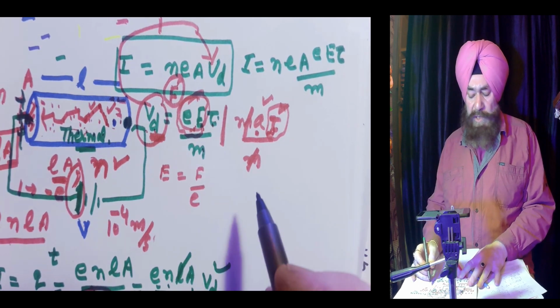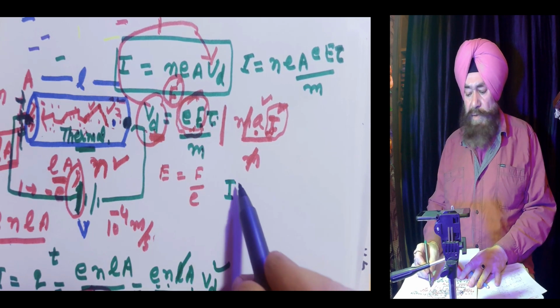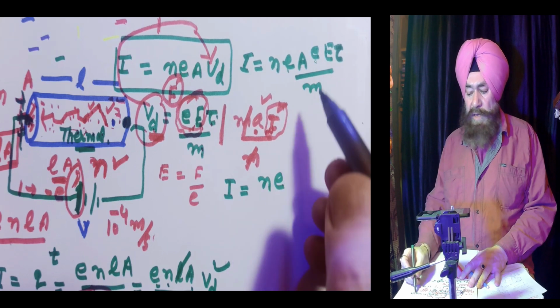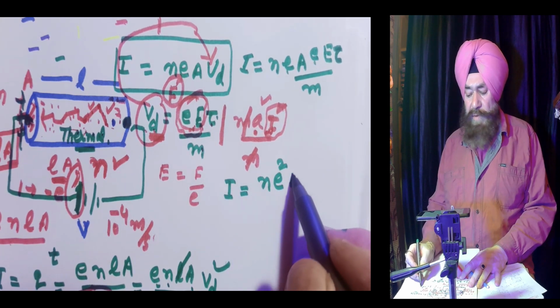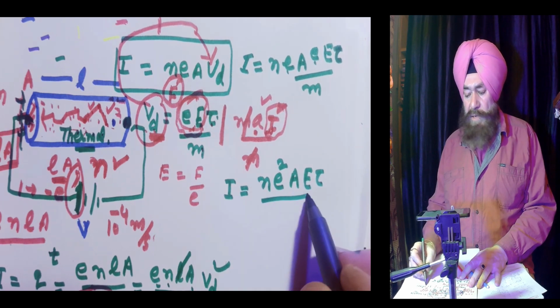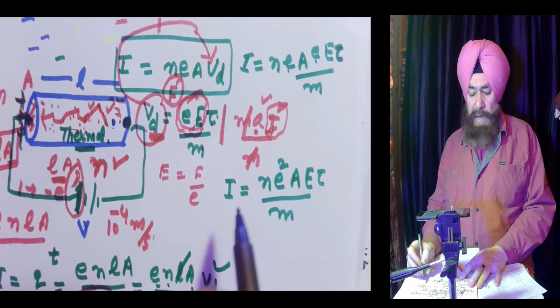Now the equation becomes I equals N e squared A E tau upon m.